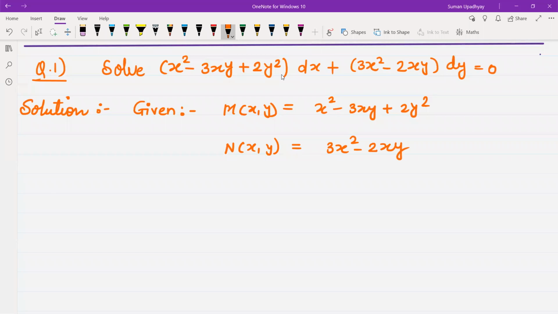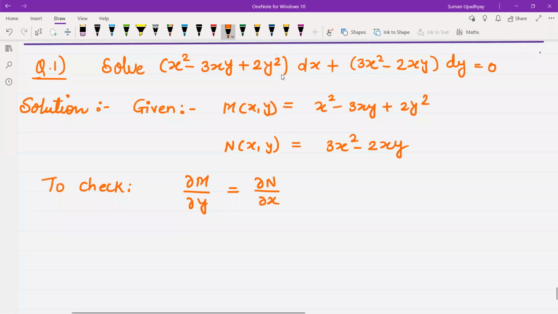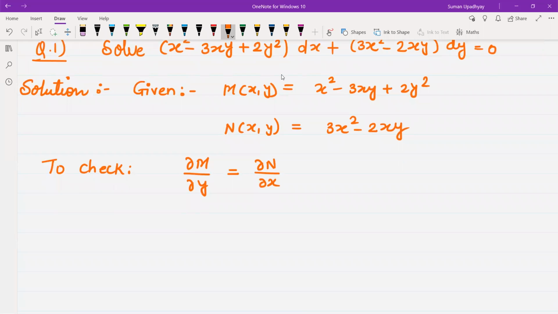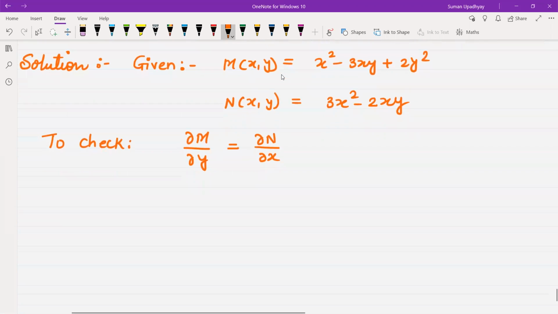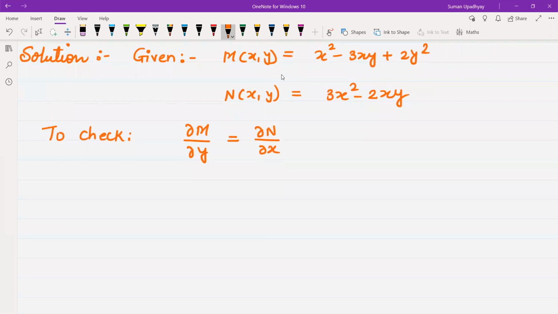Now, next, what am I going to check? Whether it is an exact differential equation. For that you need to differentiate M partially with respect to y, and it should be the same as differentiating N partially with respect to x. If they come out to be equal, then I will say that the given differential equation is exact. So let us check whether they come out to be equal or not.